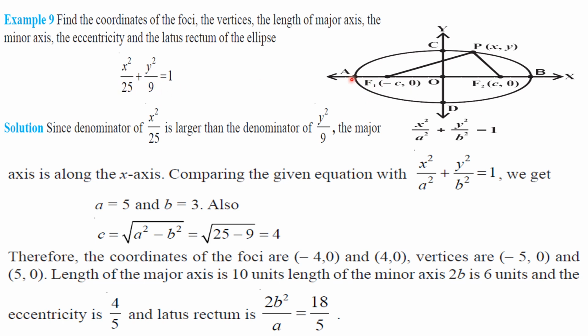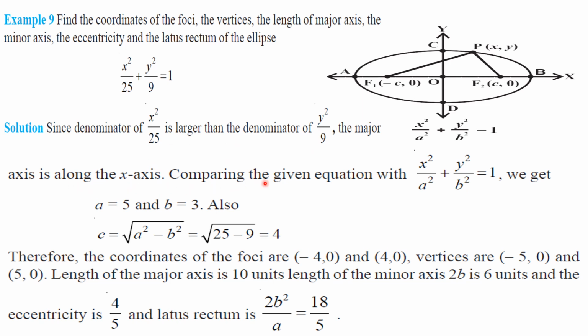The major axis of this ellipse is along the x-axis, because the denominator of x square is greater. Since the denominator of x square, 25, is larger than the denominator of y square, 9, the major axis is along the x-axis. Understood this point, my children?